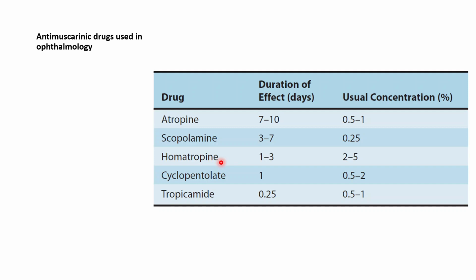Tiotropium has a longer bronchodilation action and can be given once daily, and its elimination half-life is 5 days.